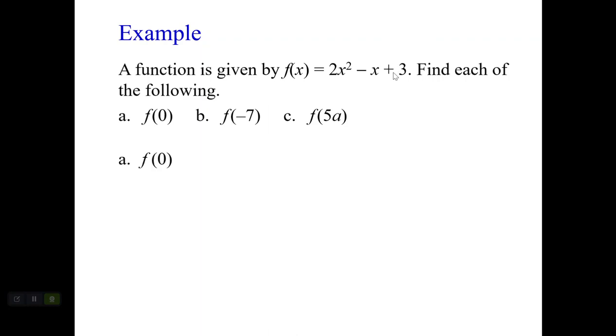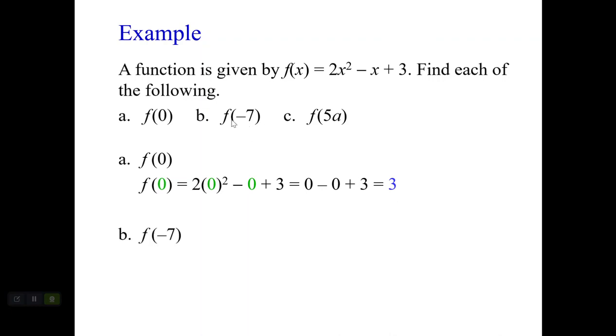You replace x by 0 and then those terms are all 0, with only 3 there. So the corresponding point is 0 and 3: x is 0, y is 3. That is your y-intercept, basically.